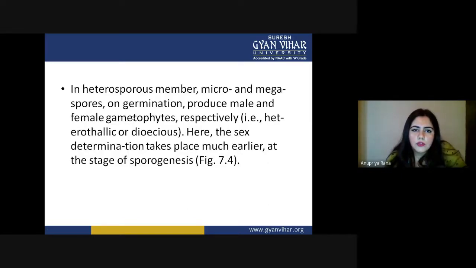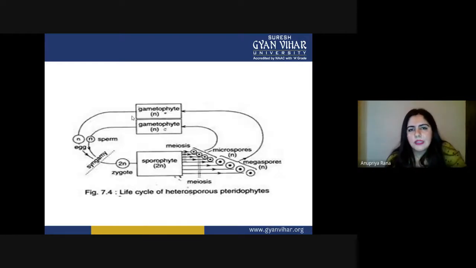In heterosporous, micro and megaspores on germination produce male and female gametophytes respectively. Here the sex determination takes place much earlier, so we can easily identify what kind of spore is present just by seeing them, because microspore is the small one and megaspore is the large one. The sporophyte has meiosis, reduction division, and makes a special kind of spore.